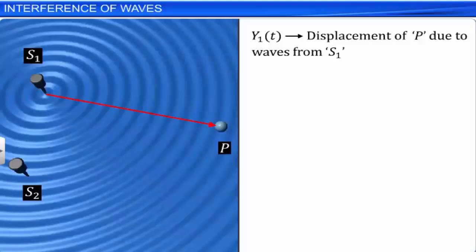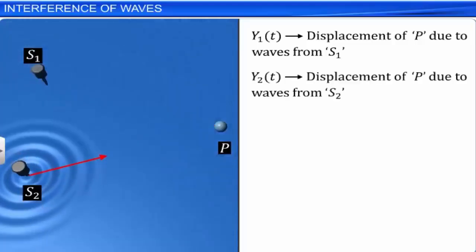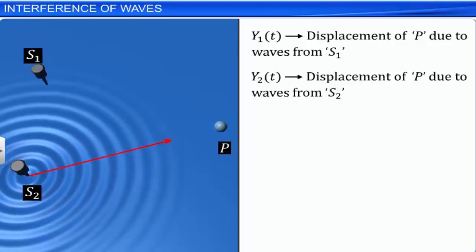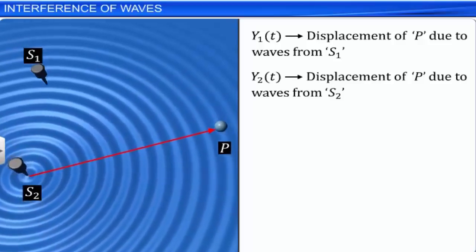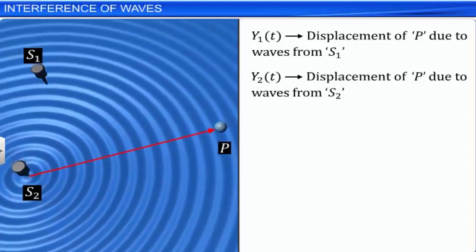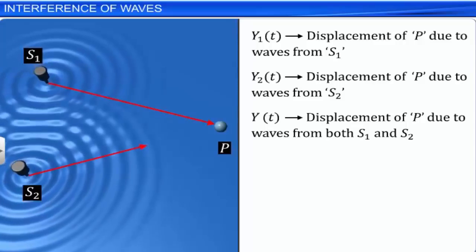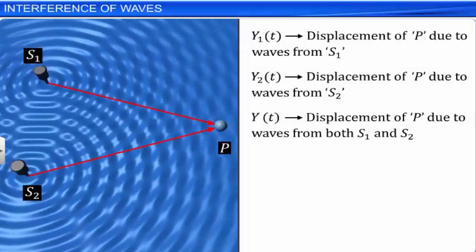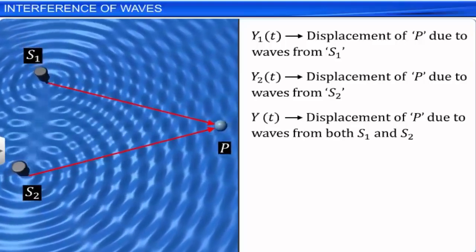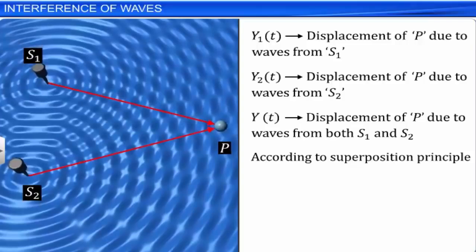Similarly, when waves generated at S2 reach the point P, the displacement caused is given by y2(t). If waves from both S1 and S2 reach the point P simultaneously, the resultant displacement y(t) is given by the superposition principle as y(t) is equal to y1(t) plus y2(t).